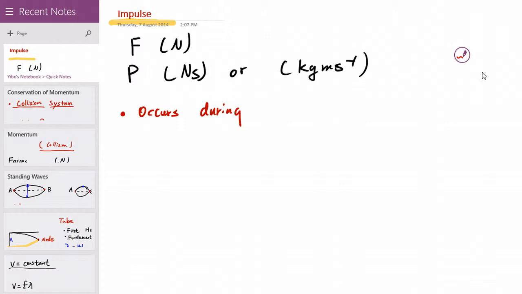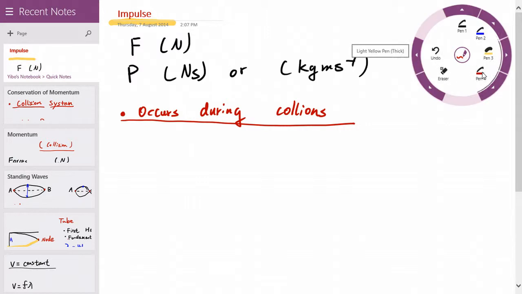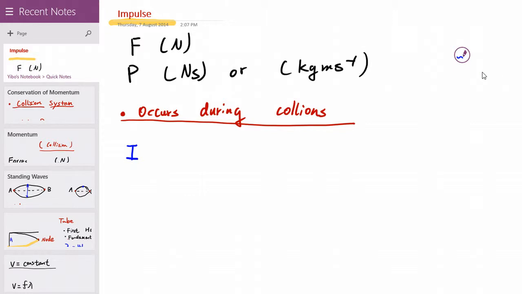Whether it's a car crash or you're hitting a basketball, when you hit a basketball, your hand is colliding with the basketball. Or when I throw a rock at something, my hand practically collides with the rock. So impulse occurs during collision.